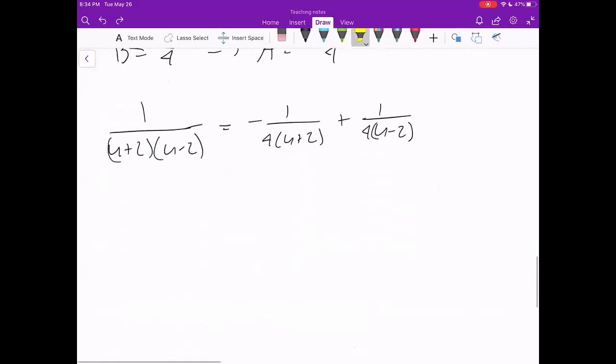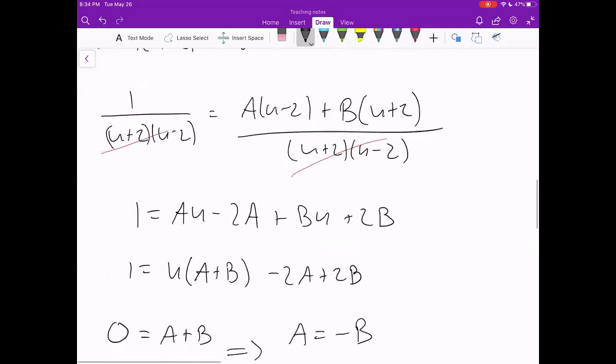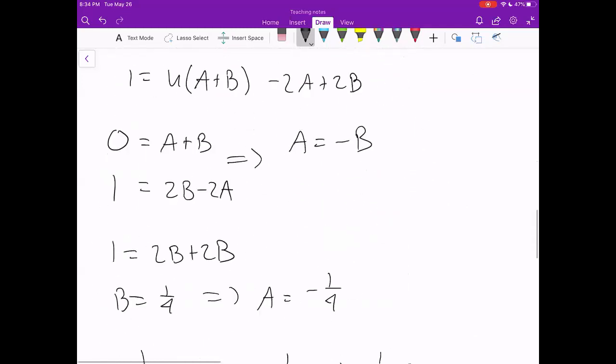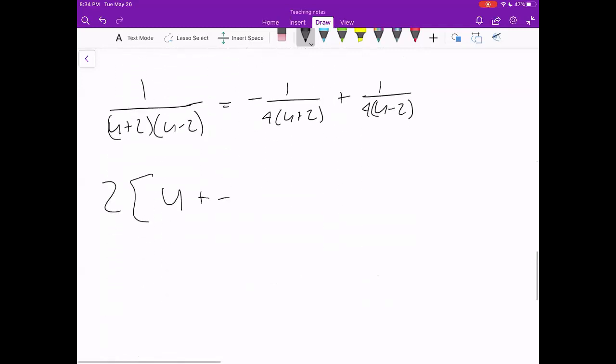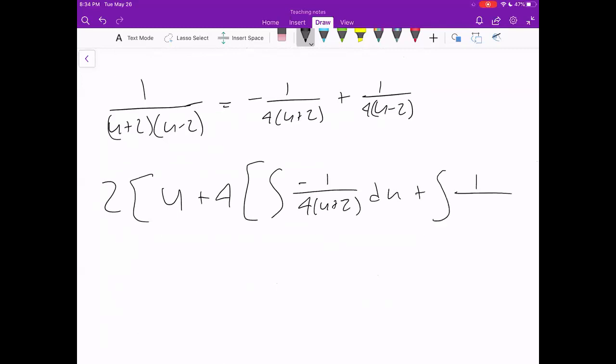So my integral then is 2 times the quantity of u, I think it's a plus up here, yeah, plus 4 times the integral of negative 1 over 4(u plus 2) du plus the integral of 1 over 4(u minus 2) du. So just splitting that up using partial fractions.